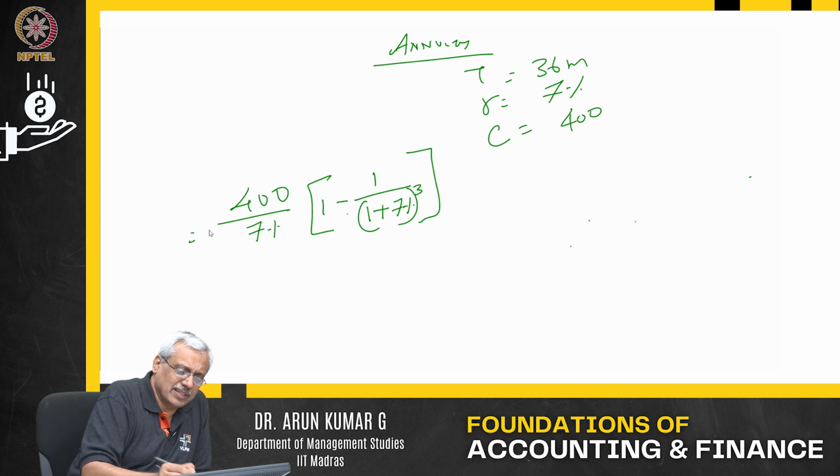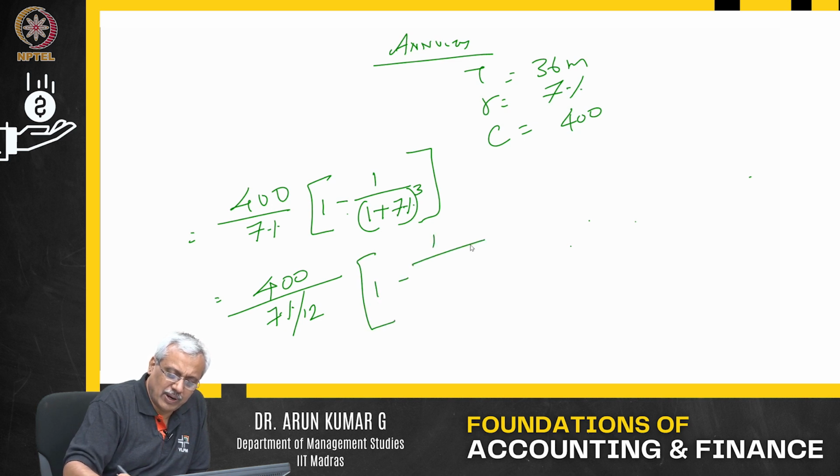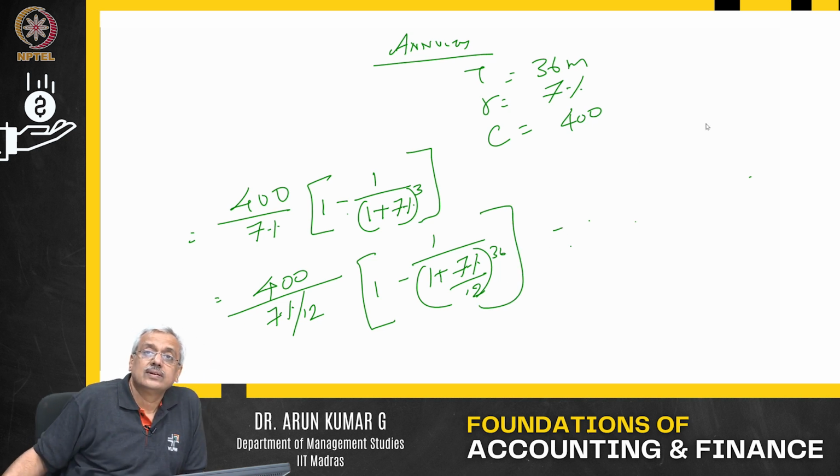If you want to put it as monthly, then of course: 400 divided by 7% per annum over 12 months, into 1 minus 1 by 1 plus 7% by 12, to the power of 36 months.